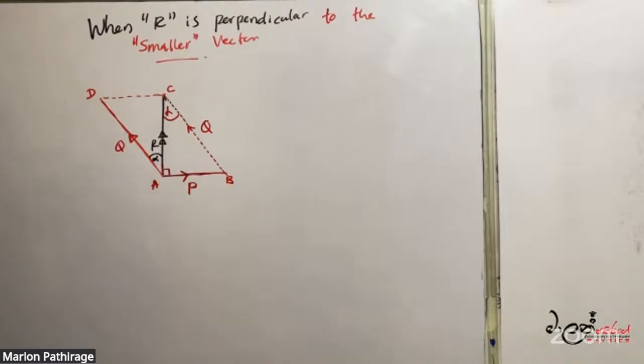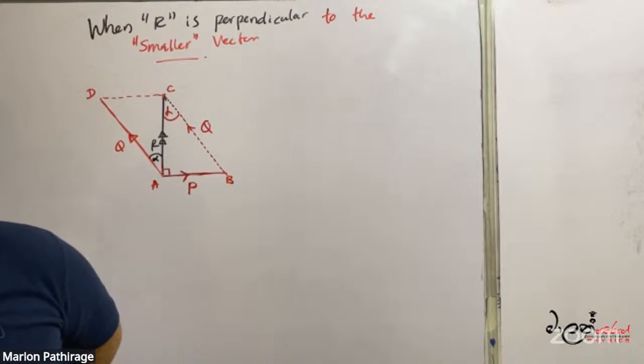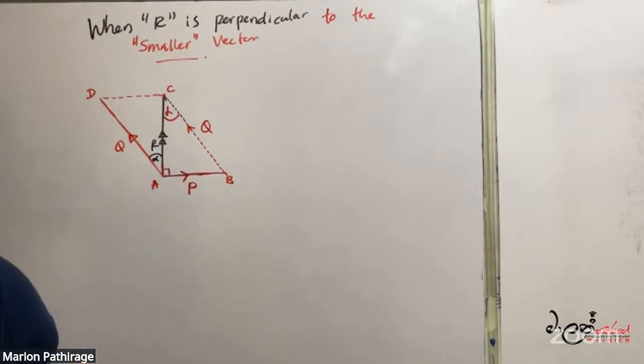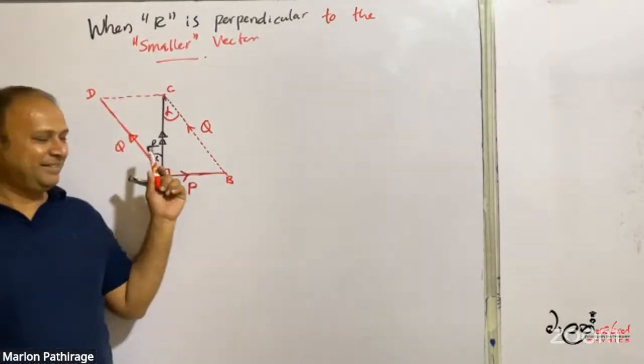Yes, very good. Anita, Saranya, Yosita, Chris, how did you determine that? R squared is equal to Q squared minus P squared.